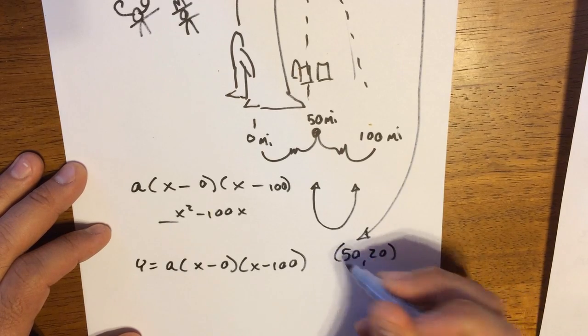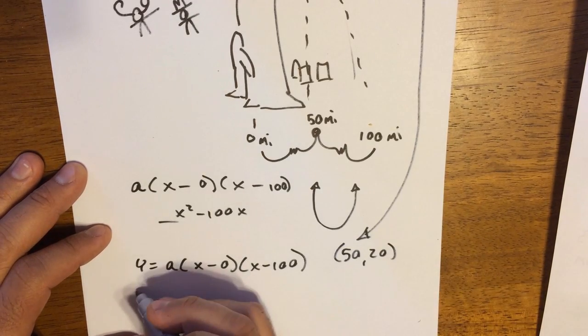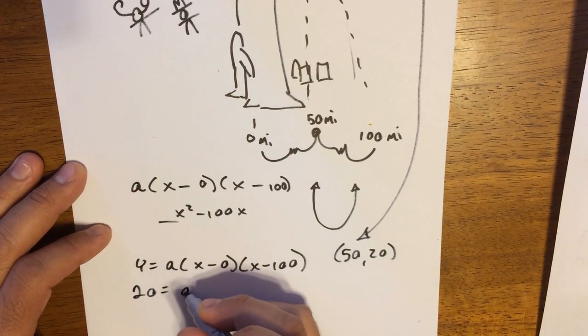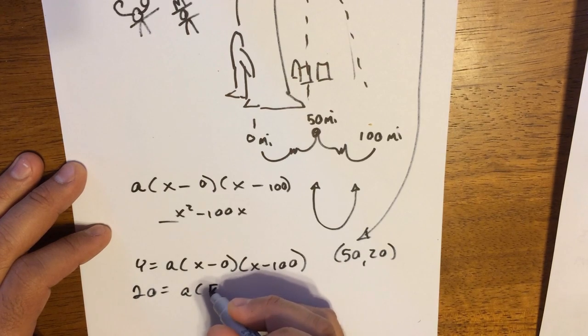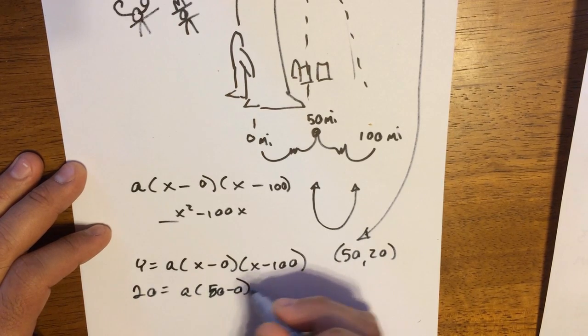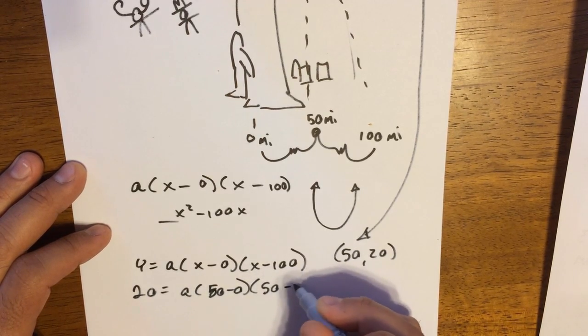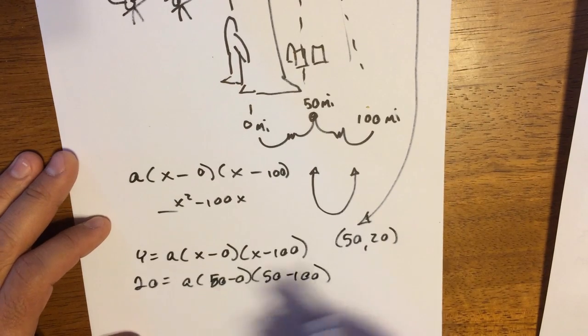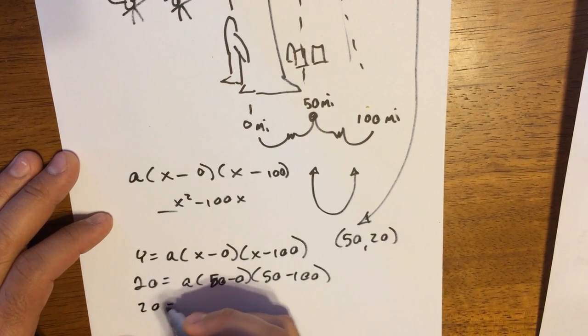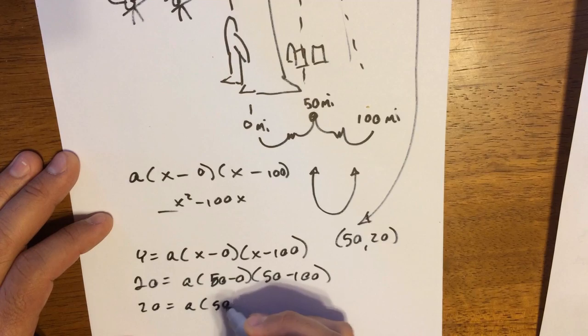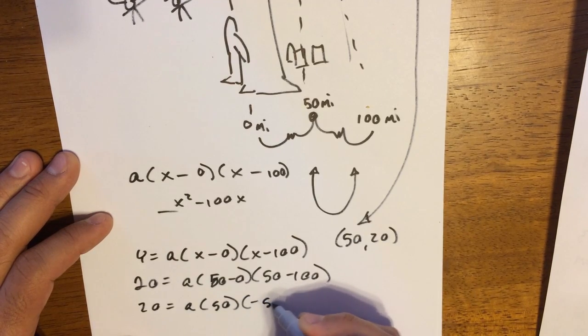So we're just going to plug in the information that we know. 20 equals a times (50 minus 0)(50 minus 100). Now we're going to simplify. 20 equals a times 50 times negative 50.